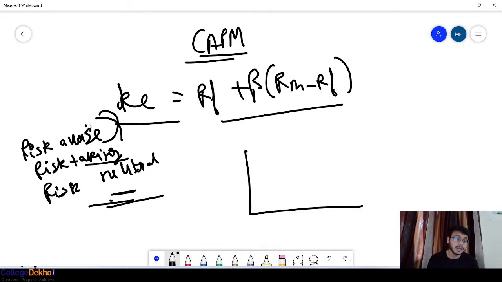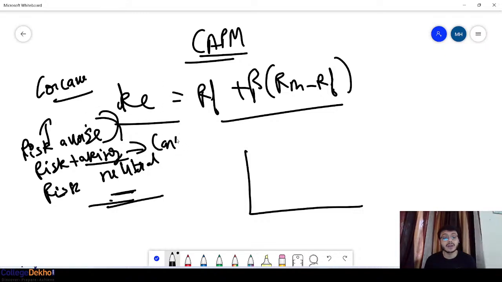So we make a utility curve. When we talk about the risk averse investor's utility curve, it's concave in nature. A risk taking one tends to be convex at a certain point. Remember, the risk averse investor's utility curve is always concave.